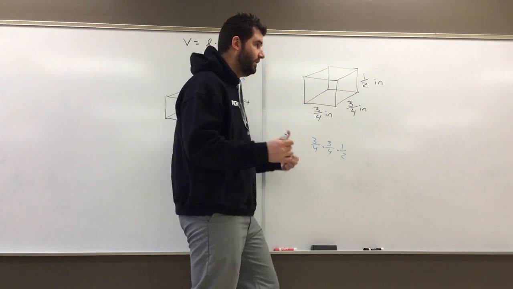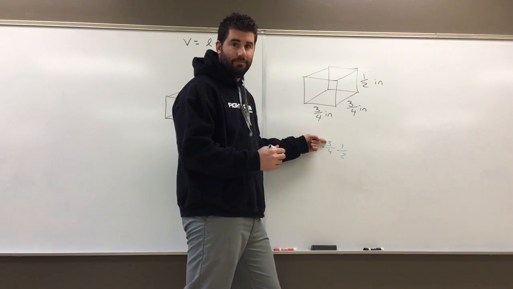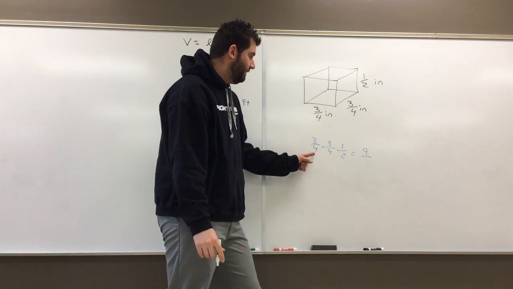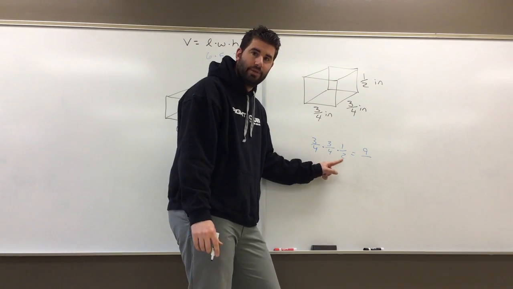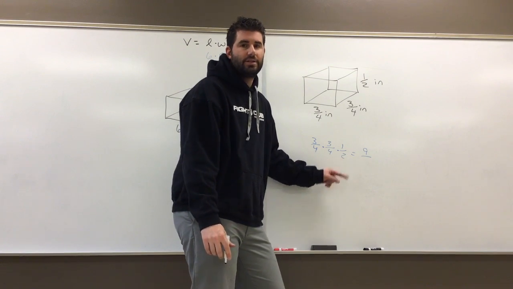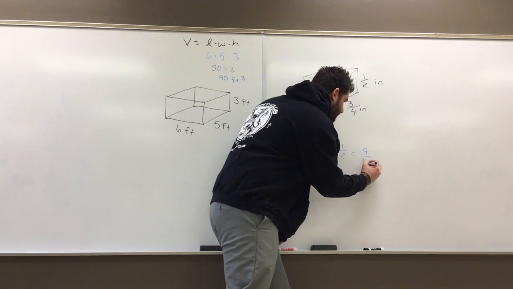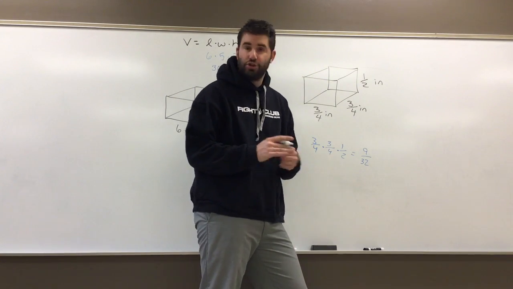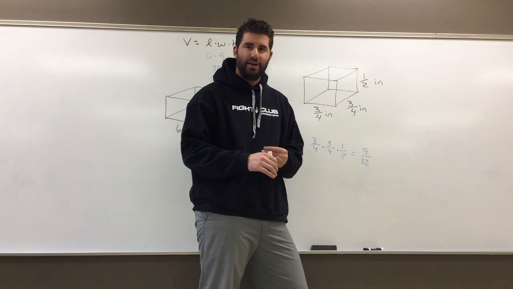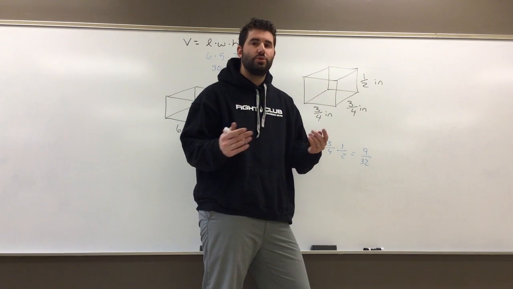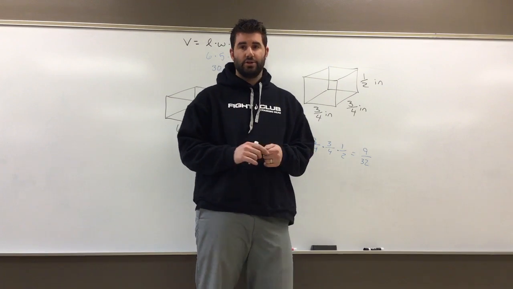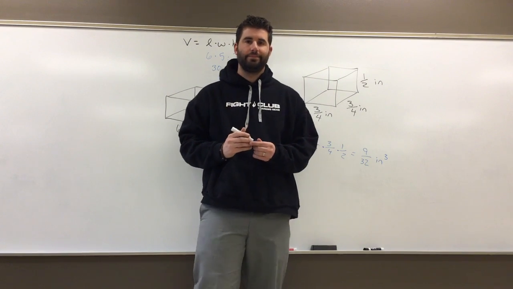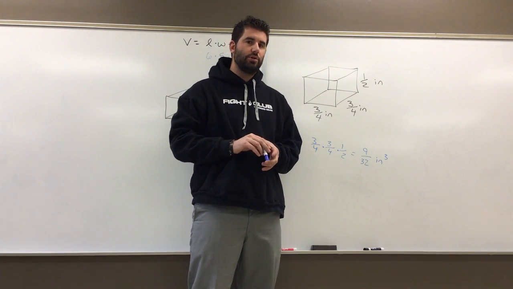So let's do that. 3 times 3 is 9, times 1 is just 9. 4 times 4 is 16, times 2 is 32. You always got to check, can I simplify this? You can't. They don't have a common factor, so there's nothing to divide by. So there's our answer. We are done. Inches cubed, 9 over 32 inches cubed.